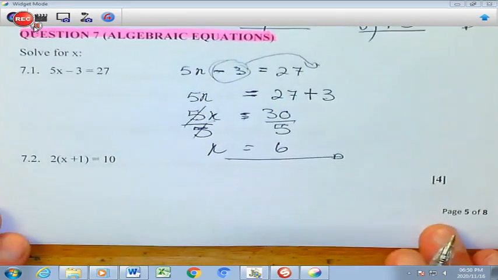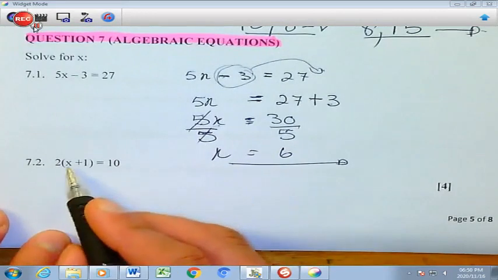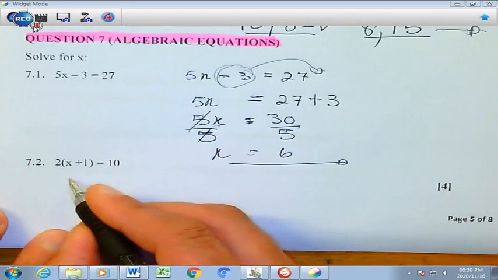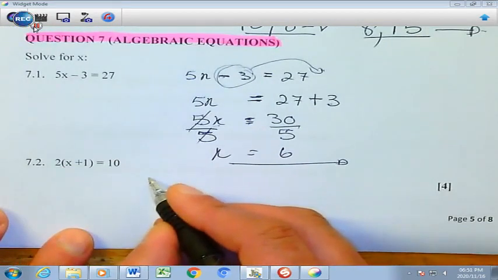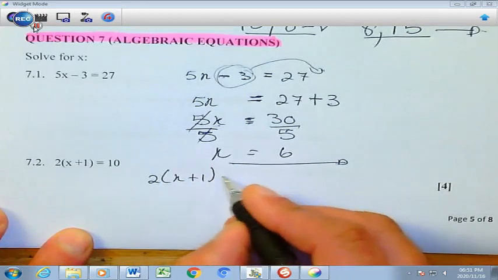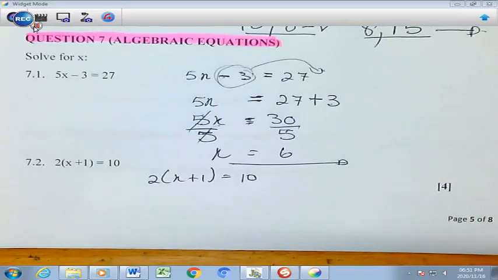Alright, let's look at another one, number 7.2. Here we have 2 bracket x plus 1 equals 10. Let's write it down. We're going to say 2 bracket x plus 1 close bracket equals 10. According to the BODMAS law, you have to simplify what's in the brackets first. You have to get rid of the brackets.